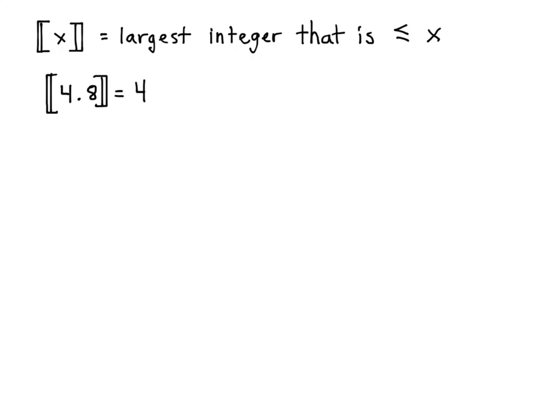If I take this function and put a 4.8 in there, the largest integer that's less than or equal to 4.8 is going to be 4. Okay? If I just take this function of 4 you get 4.